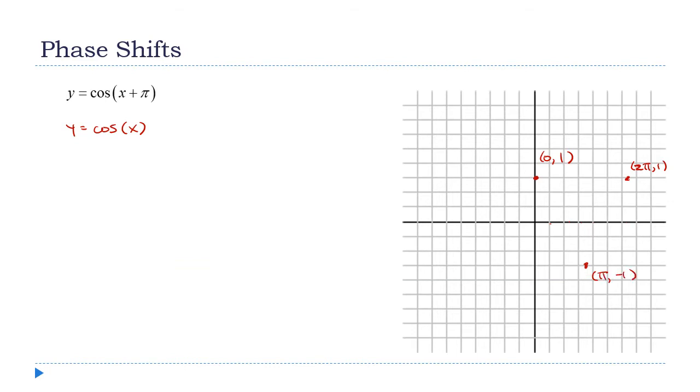Let's get more than just one period so we can see how it moves around. So the next minimum over here will be at (negative pi, negative 1), and the next maximum will be here at (negative 2 pi, 1).